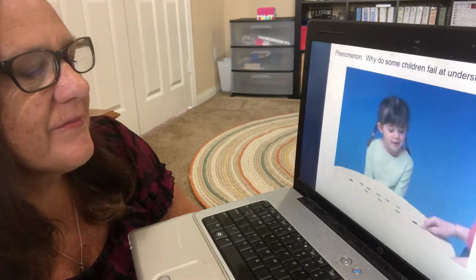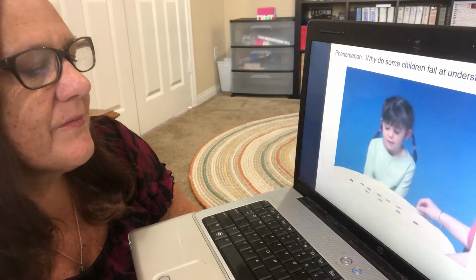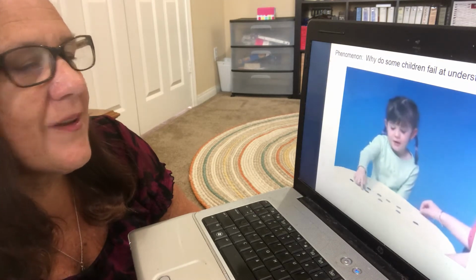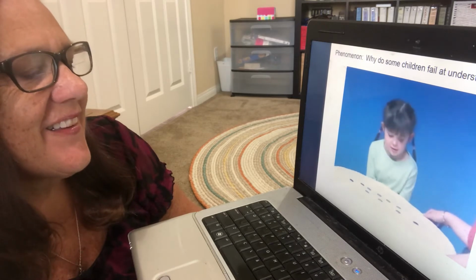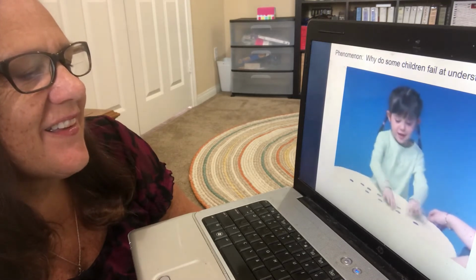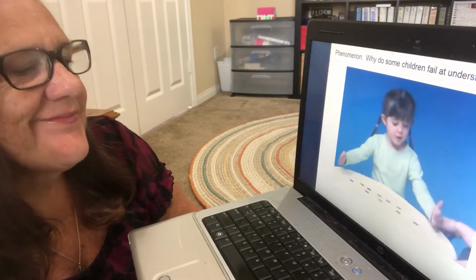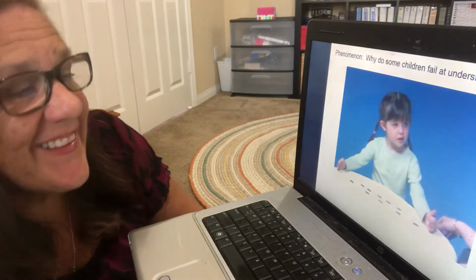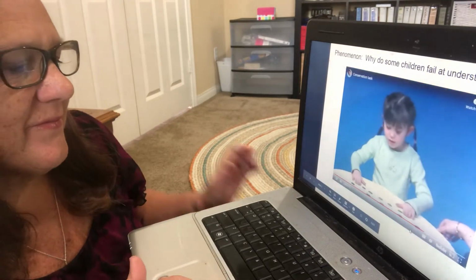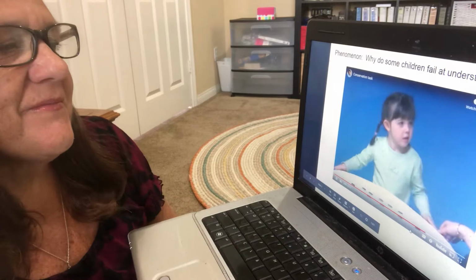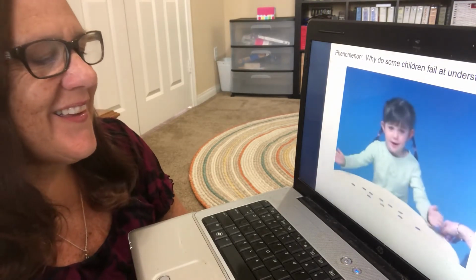Okay. Does this row have more quarters? Does this row have more, or do they have the same? This one has more. That one has more quarters? Why does this row have more quarters? Because it's more far away. It's like bigger. Is it bigger?